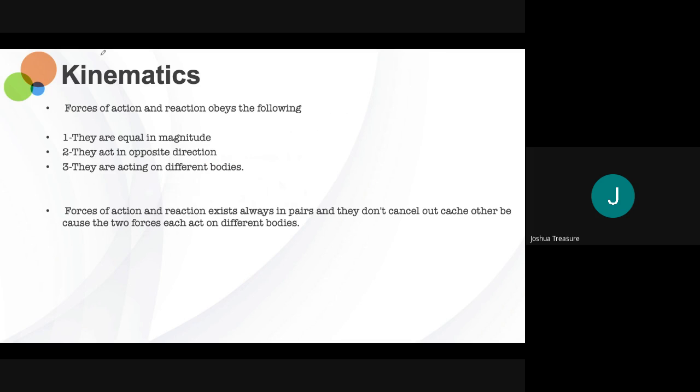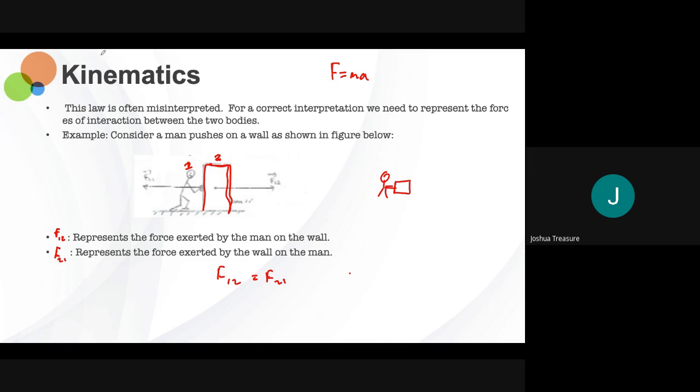Now, the forces of action and reaction obey the following. They are equal in magnitude, first of all, and they act in opposite directions. Remember, the force that the wall exerts on the man acts in this direction. So you should see some simple things in life much differently, like leaning up against the wall.